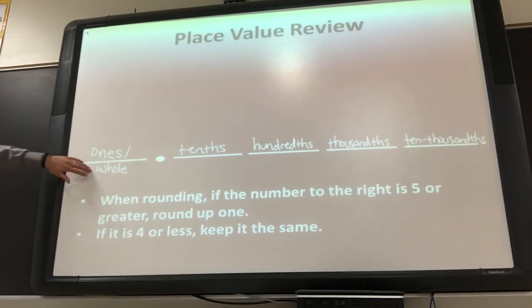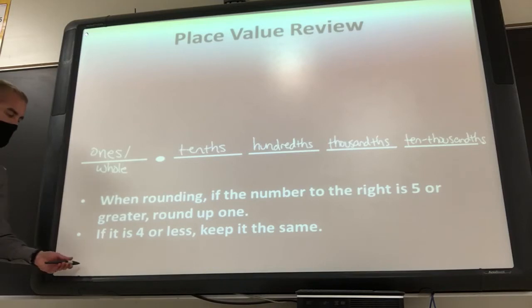Or even whole number, you look at the tenth spot and you see what you need to round to. So especially when we start multiplying and dividing tomorrow and Thursday, that is when we're really going to have to deal with place value. So make sure that we understand that.